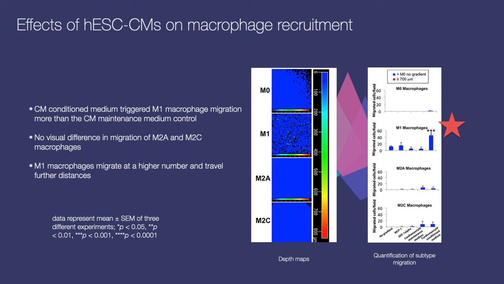They also did not find difference in migration of the M2 subtypes. And they also noted that the M1 macrophages migrate at a higher number and travel a further distance than the other subtypes. The star on the figure indicates that the M1 macrophages exposed to the CM conditioned media were the only ones to travel greater than 700 micrometers.